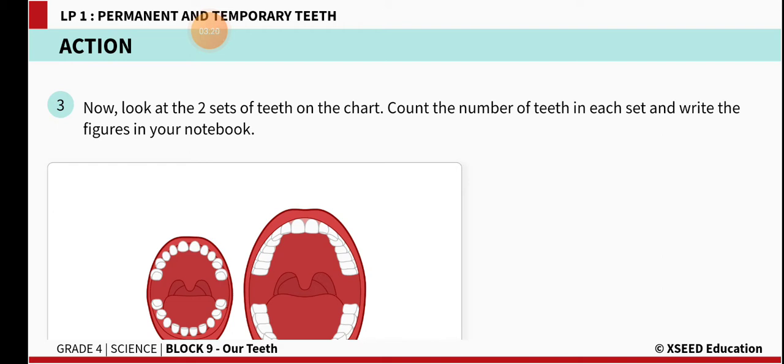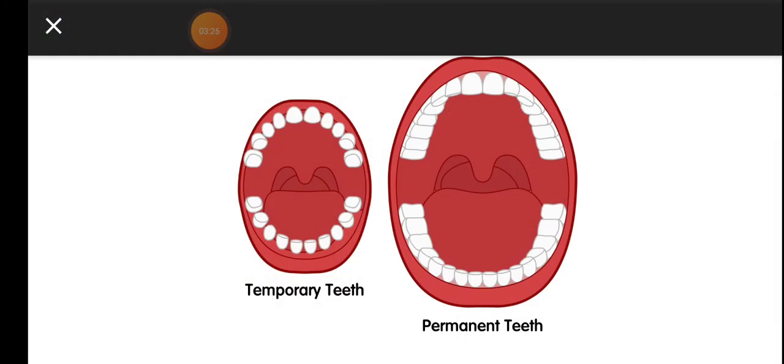So the first set of teeth here in this image belongs to the children. They are temporary teeth. When you are born and the child reaches 6 months of age, then they start getting teeth.